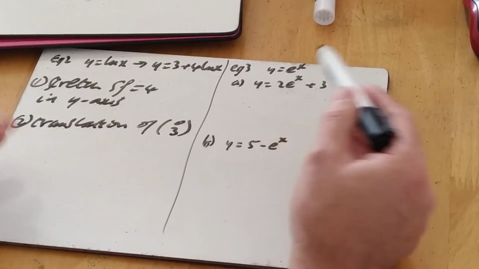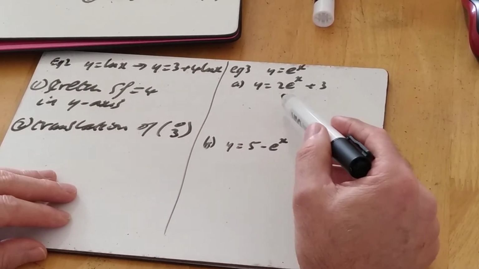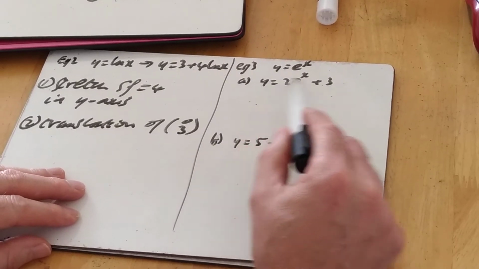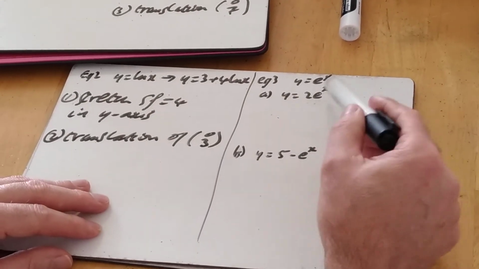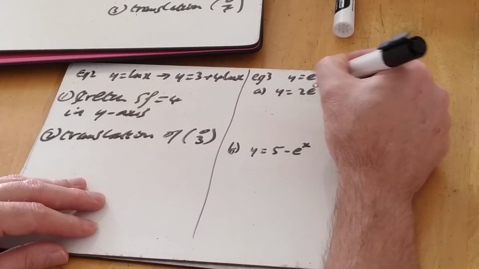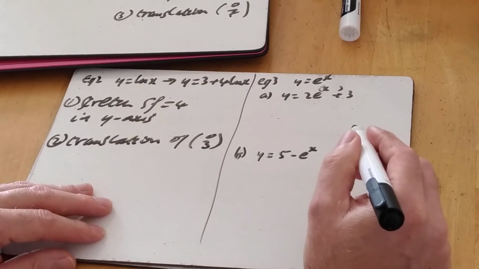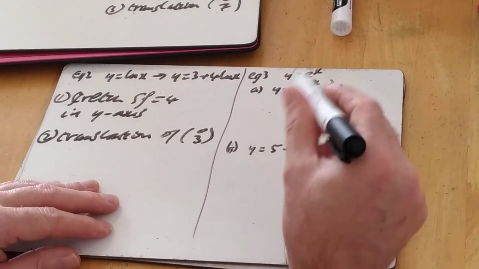Y equals e to the x. You see, it doesn't really matter what the function is. We just apply it in exactly the same way. What happens in this transformation here? The 2 and the 3, yet again, not bracketed. Remember that in this case, to be bracketed, it might be within the power there. That's where it's to be a hidden bracket in this case. But there's nothing in those.